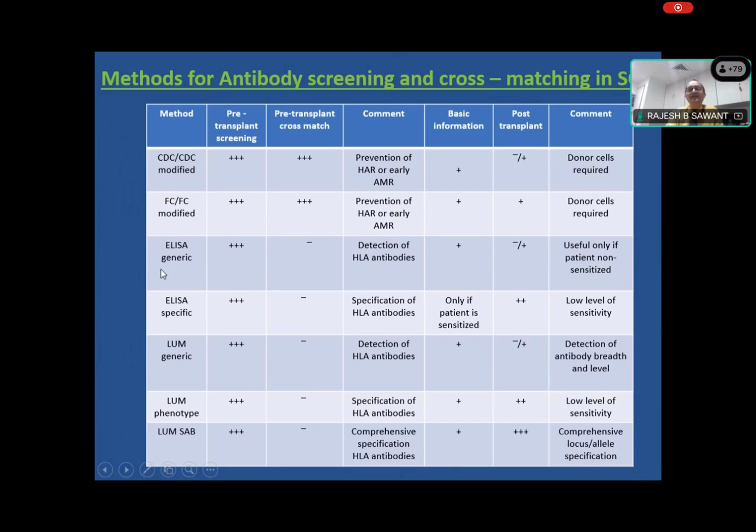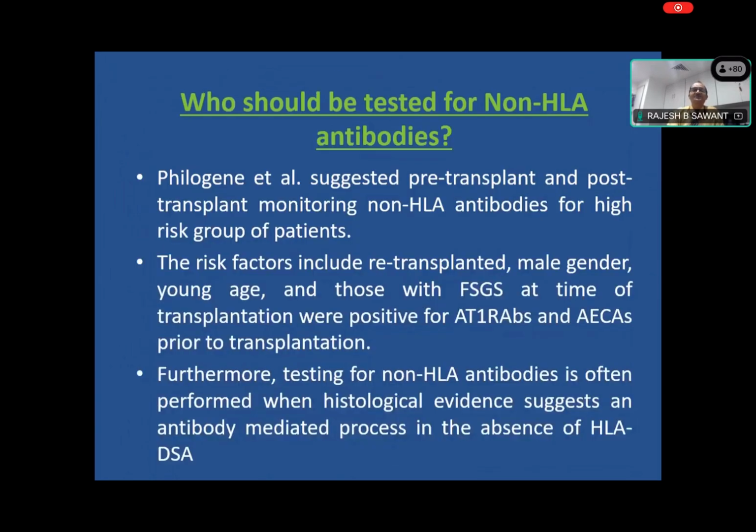We do not use the ELISA based generic testing over here, but we use the Luminex based testing, which gives us the important consideration of HLA antibodies, where we can detect the various spectrum of the HLA antibodies, and we can also speculate some quantification in terms of correlation with the MFI values that we are looking at. And then you have very specific tests, which are the single antigen bead test, which will give you a comprehensive specification of the HLA antibodies which you are dealing with in your patient.